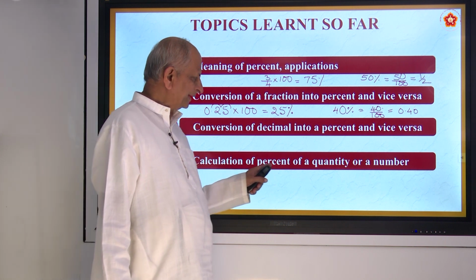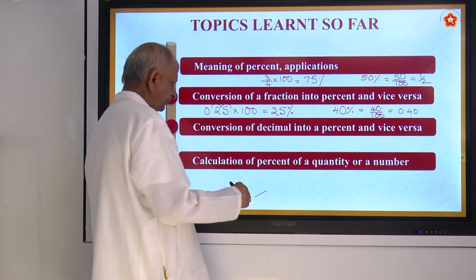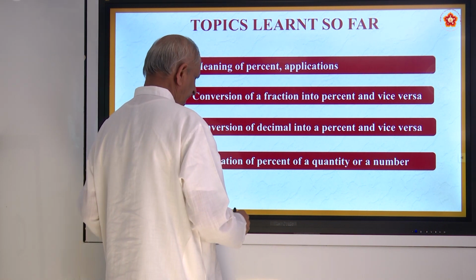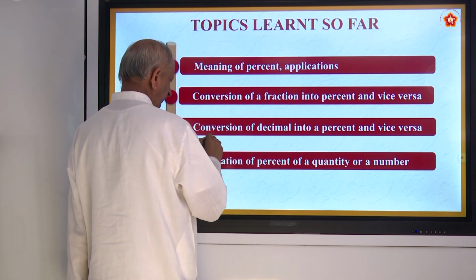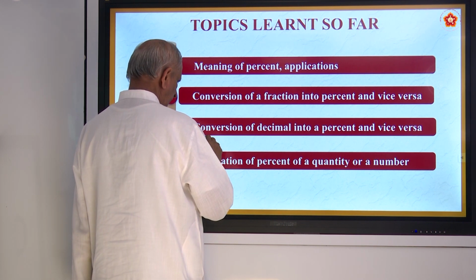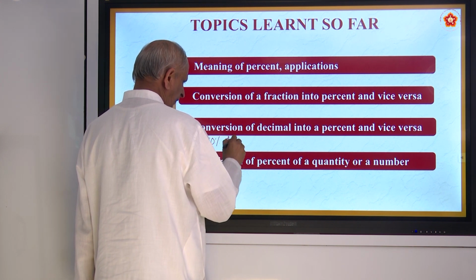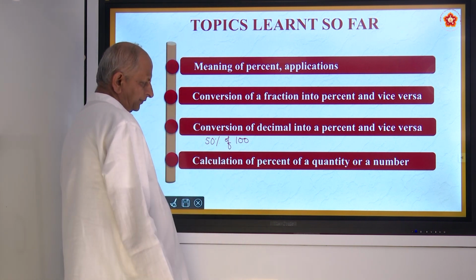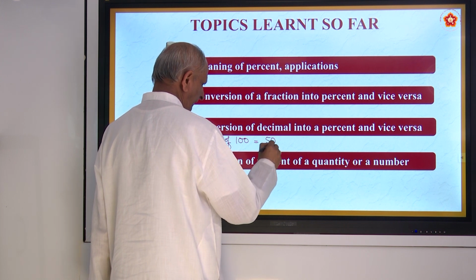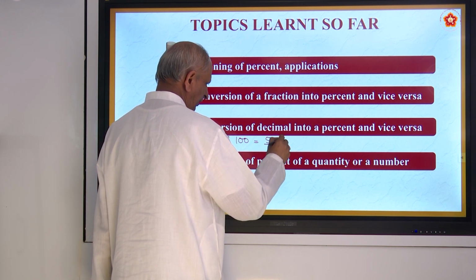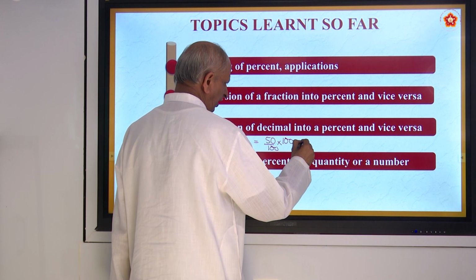Calculation of percent of a quantity or a number. How to do it? Calculation of percent of a quantity means, what is 50% of 100? We use the word 'of' there. So 50% of 100 means 50 by 100 into 100. The zeros cancel, and you have 50 as the answer.